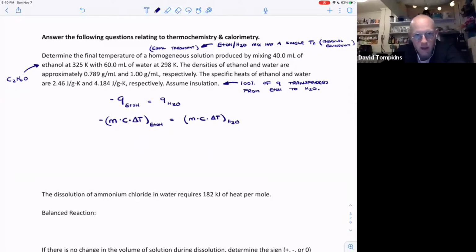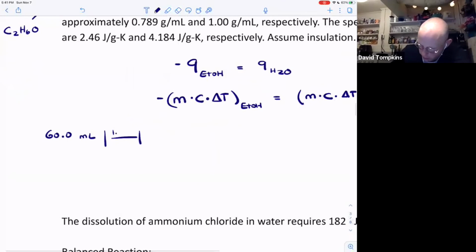Okay. So we need to find the mass. So for water, we know its volume is 60 mL. Water's easy. It's 1 gram per mL, approximately. And so it's 60 grams.